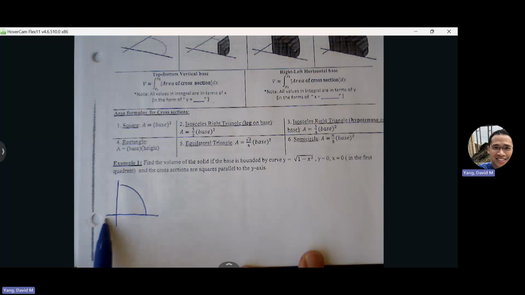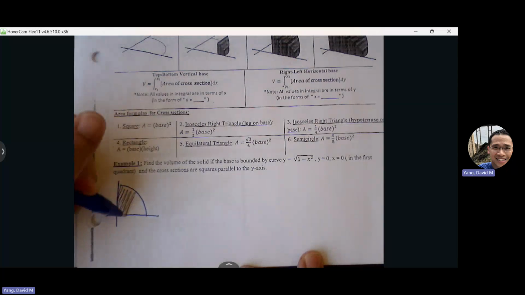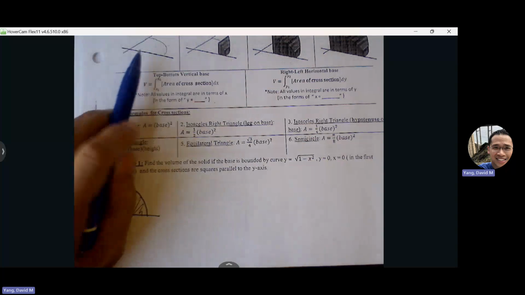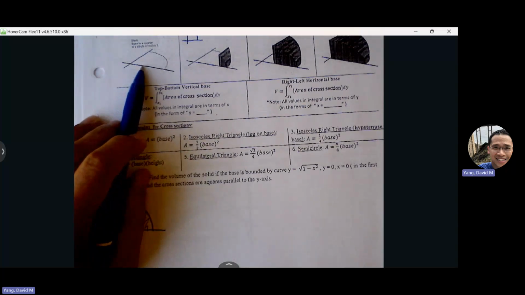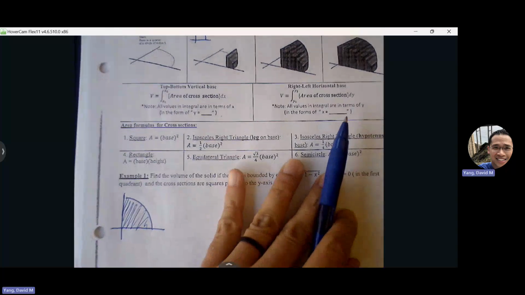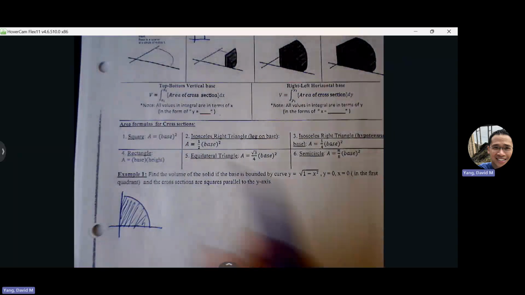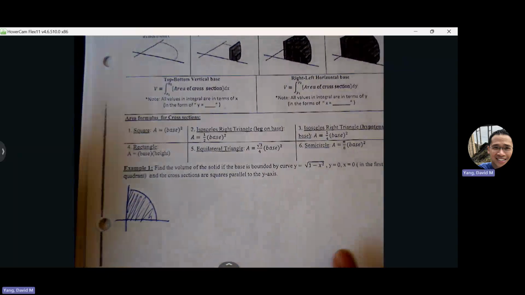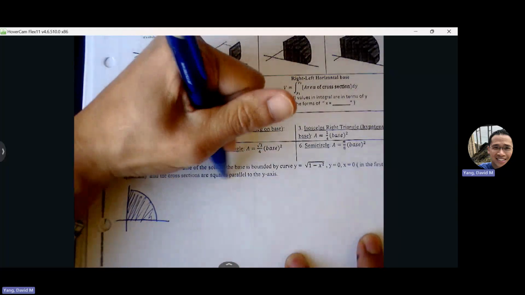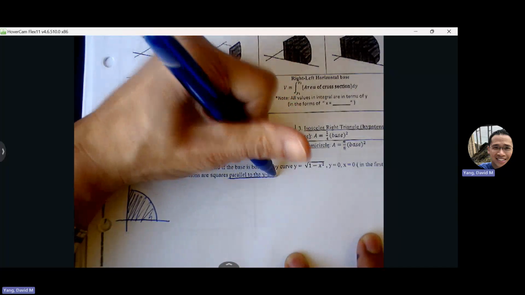So we have the quarter circle, we have x equals 0, we have y equals 0. So it's basically just a two-dimensional version of this orientation with a three-dimensional shape. We want to build squares that are parallel to the y-axis.